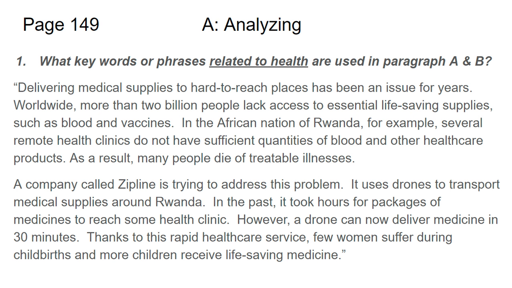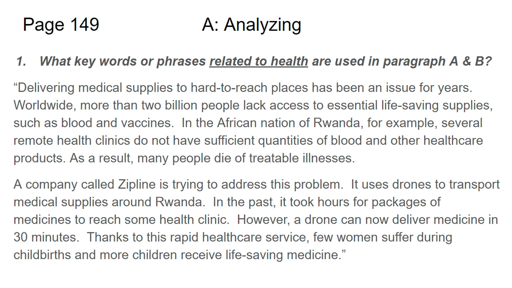Now here we have something different going on. In the past, it took hours for packages of medicines to reach some health clinics. However, now, it doesn't say now, but we have to assume now, it's comparing and contrasting. What was true in the past and what is true now. However, a drone can now deliver medicine, that's a healthcare word, in 30 minutes.